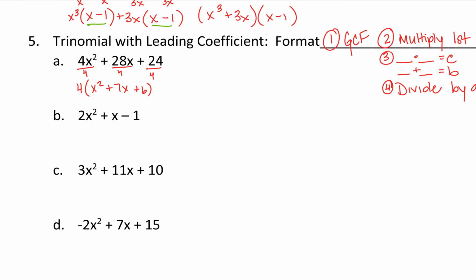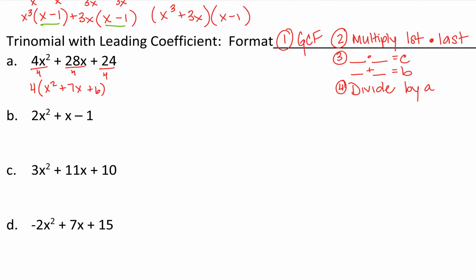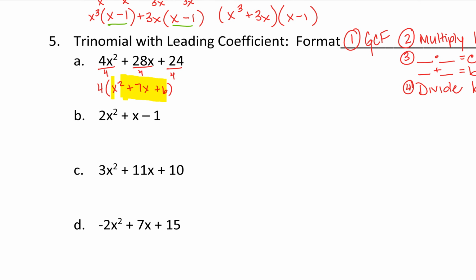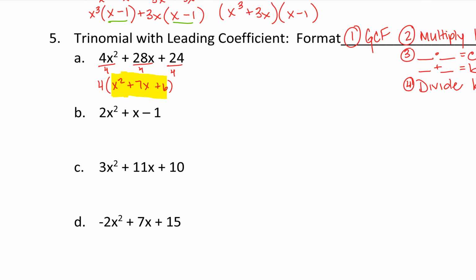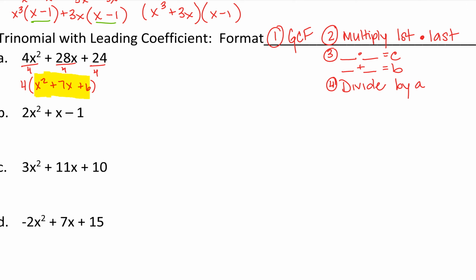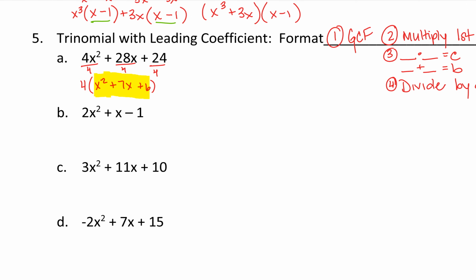All right, so now I'm looking at just what's inside. Do I have a number in the front anymore? No, I don't. So I don't have to do the multiply the first times the last, because I now get to treat it like a trinomial that starts with 1. So all I'm going to do is skip to the what times what gives me 6 and adds to give me 7.